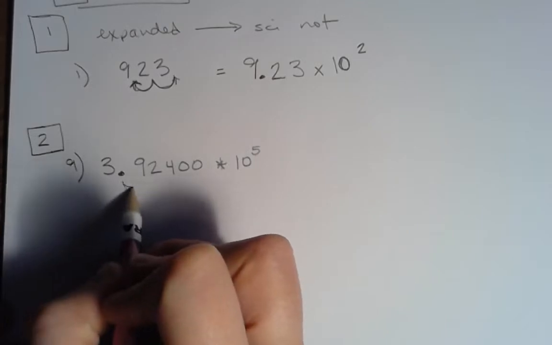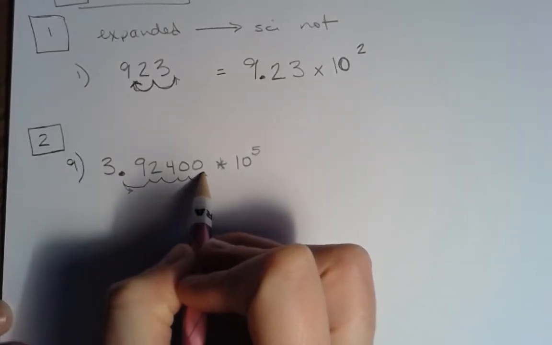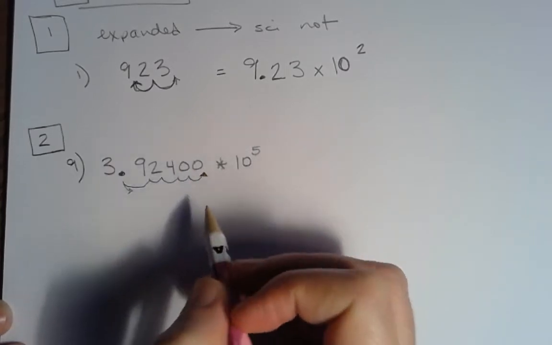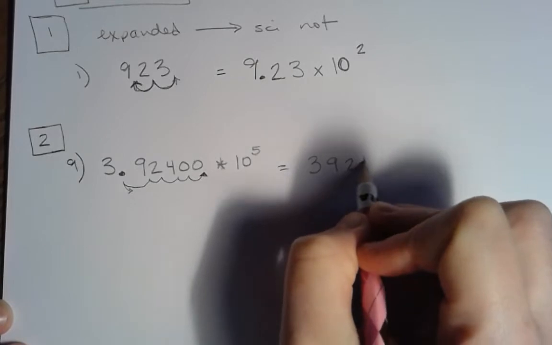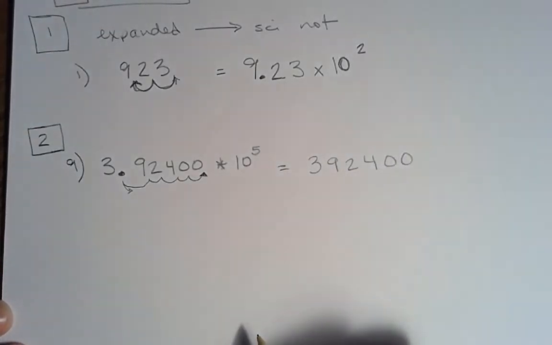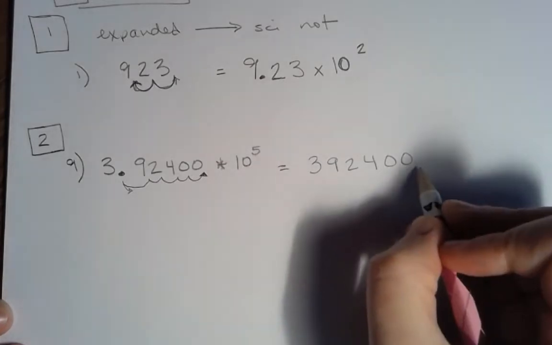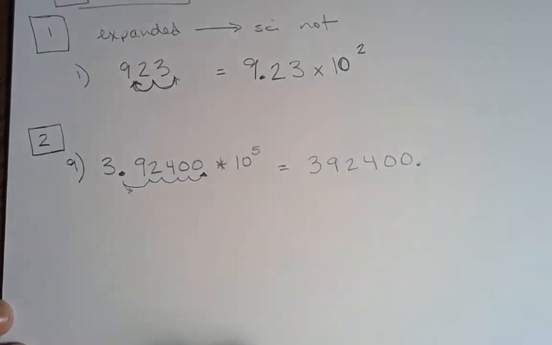Off we go. 1, 2, 3, 4, 5. So our decimal is going to wind up over here, equals 39240. Those are significant zeros. Technically, you want to put that decimal right there to show that they're still significant.